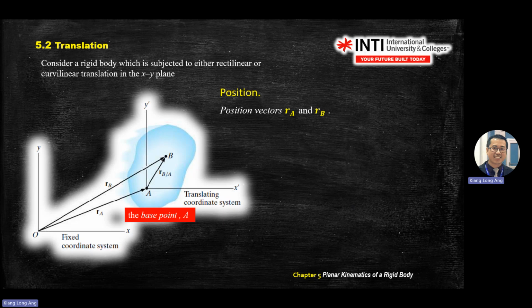So first, in this case, our base point is A. So we have position vectors R_A and R_B, and the position of B with respect to A we write as R_B/A. It is a different answer if you write R_A/B, not the same as R_B/A.